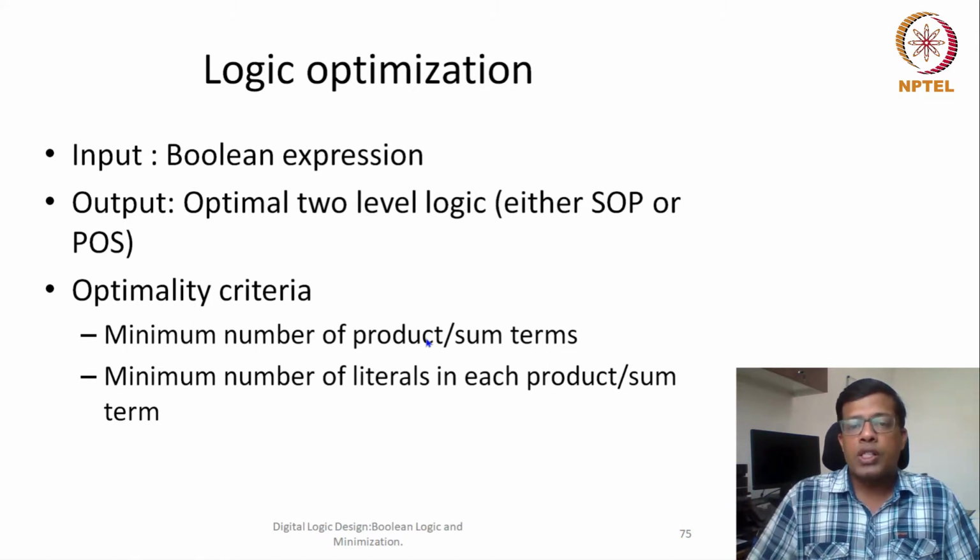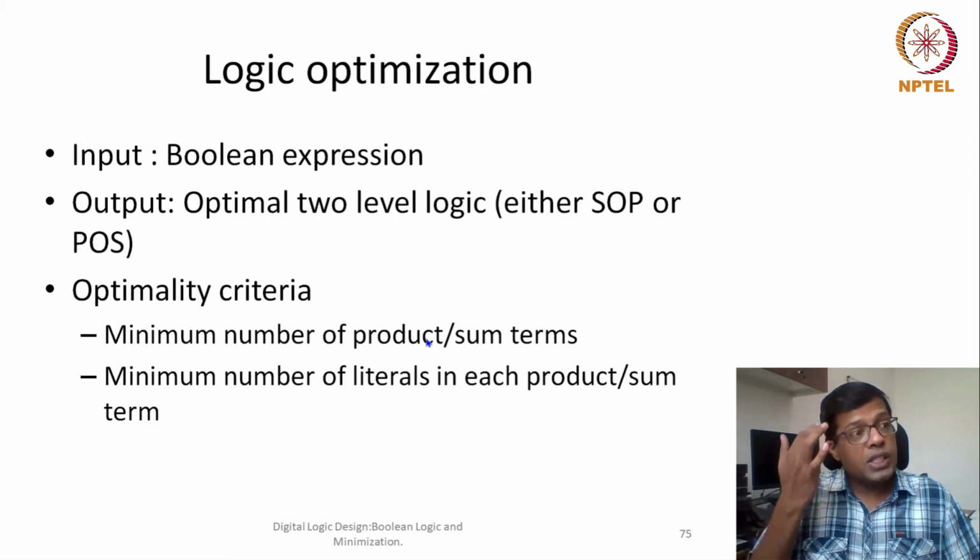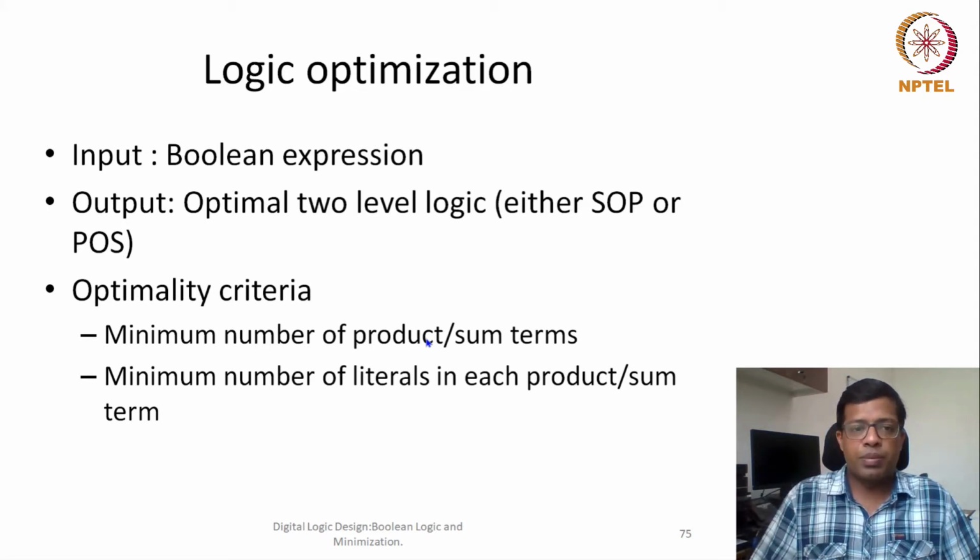Similarly, for product of sums, the number of sum terms should be minimum, and the number of literals in each sum term should also be minimum if the number of sum terms is the same. In this optimality criteria we have further assumed that the input is available both in original form as well as in complemented form.